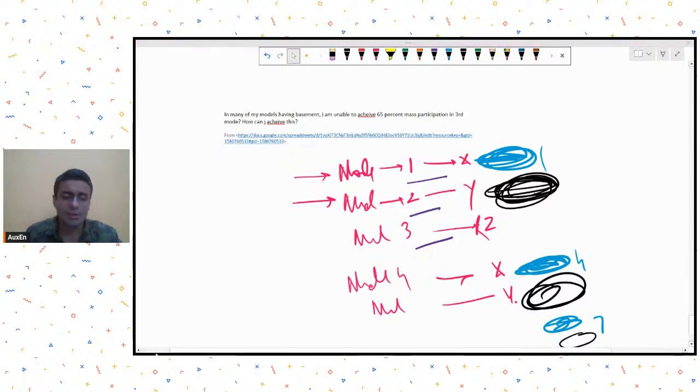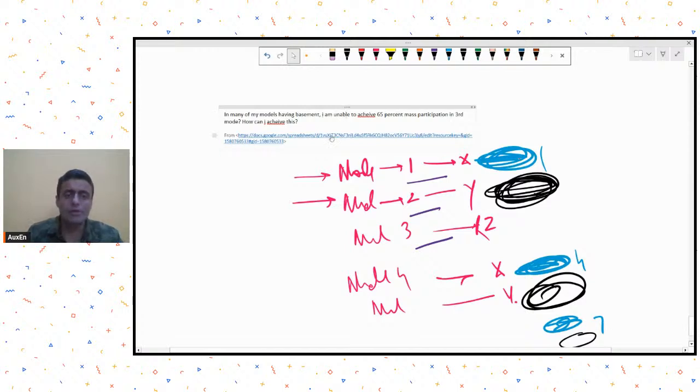Do you get it? You don't have to aim for 80, 90, 100% in your initial fundamental translational modes. Even if you are getting close to 60% mass in your initial fundamental translational modes, that is good enough. And then, of course, you can use the response spectrum method.